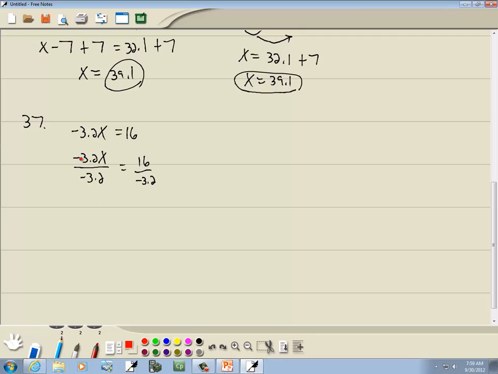When we do that, these negative 3.2s will cancel. Where's my calculator? I'm not going to do it by hand. 16 divided by 3.2. That gives us 5. Now, positive divided by negative is negative. So our answer is negative 5.